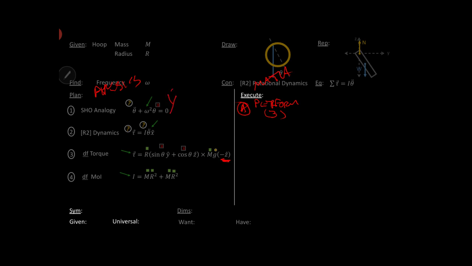So remember, y hat cross z hat is equal to x hat, and z hat cross z hat is equal to 0. Since we have the cross product and we have the z hat, that cosine theta is not important, even though I pretended it was important a second ago. That disappears because z hat cross z hat is equal to 0. So all we have is y hat cross minus z hat, which is going to be minus x hat.